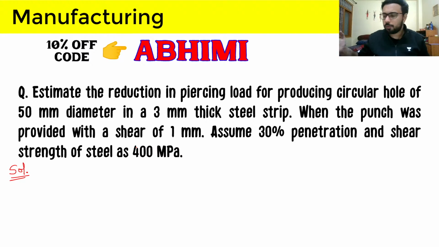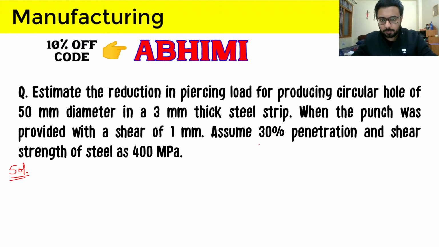So we will first find the maximum force which we get without shear, which is quite simple to get because it is just one equation. And we will then find the value of the force after we have provided the punch with a shear of 1, and it is given that 30% penetration is there.